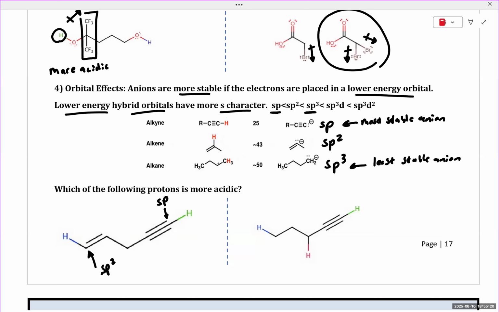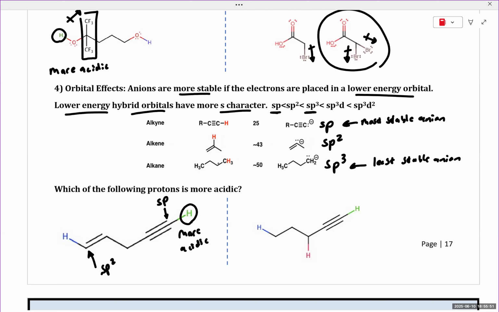As we discussed, the conjugate base anion is more stable if the lone pair is placed in a lower energy orbital. sp orbitals are lower in energy, and thus the parent acid for a carbon-hydrogen bond, this proton attached to an sp hybridized carbon is going to be more acidic compared to an sp2 carbon-hydrogen bond.